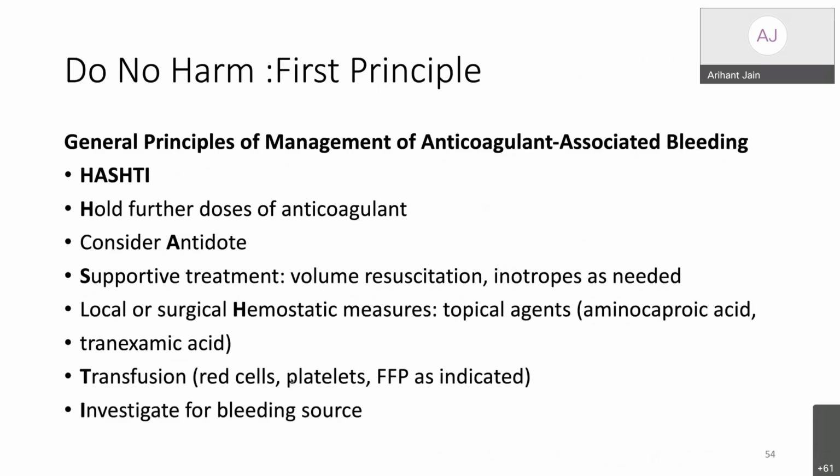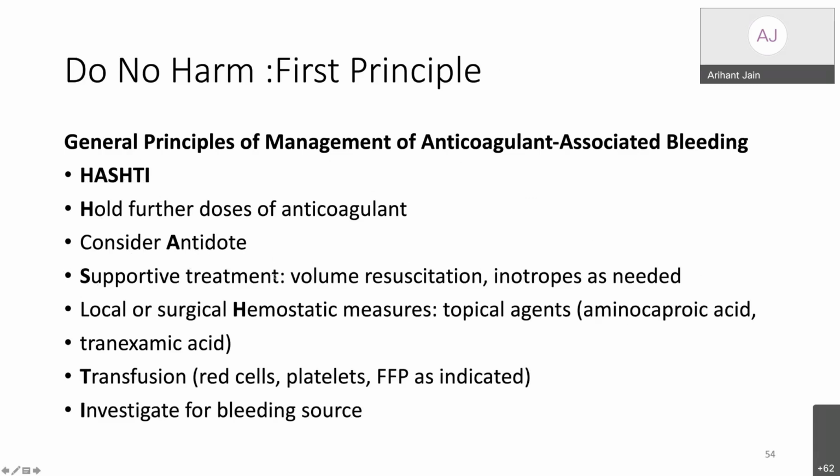So for reversal, whenever these patients come with a bleed, you have to reverse the anticoagulant. In general, the mnemonic which you need to remember is HASHTI. Hold the dose of anticoagulant, see whether I need to give an antidote or not.